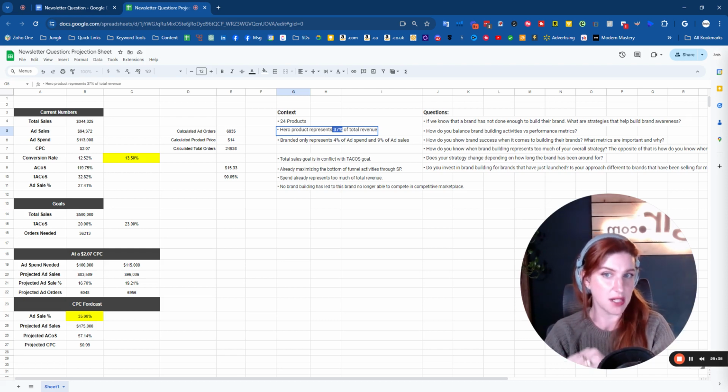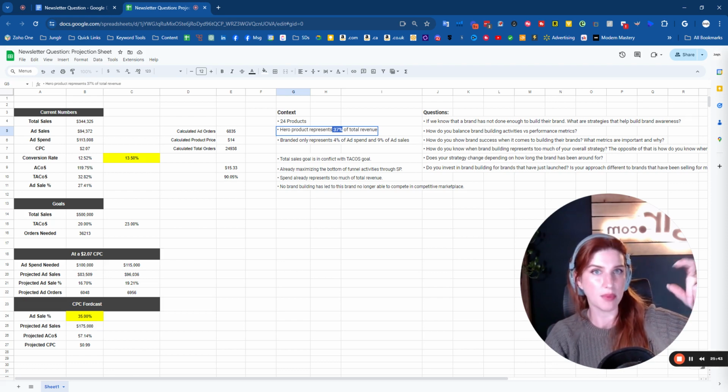Sometimes what you will find is that after you calculate this out, you'll see, okay, so the hero product is driving everything. That's why our ad spend is going there. But wait, product number 2 is actually contributing about 15% of total sales. We're not spending that much on it. And oh, if we look at the total ACoS for this number 2 product, it's actually really, really good. So therefore, that's a clue that there's something working within that product line.